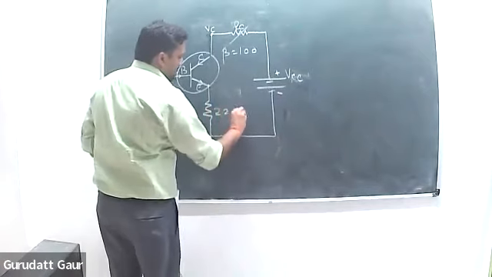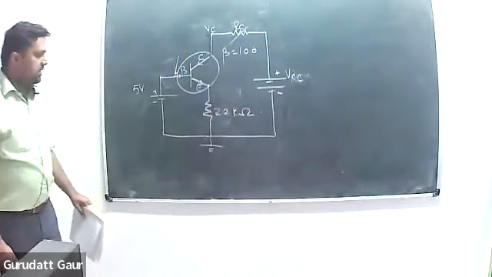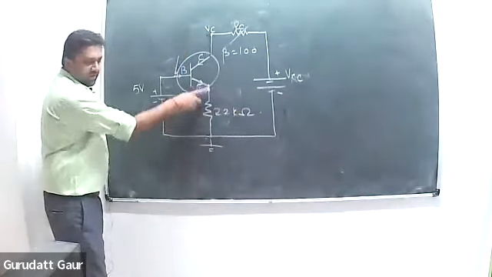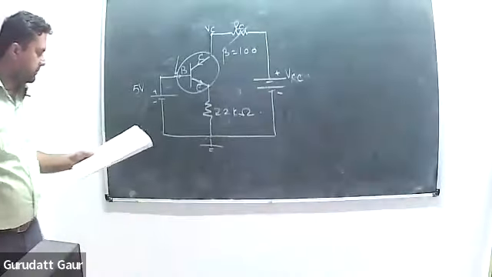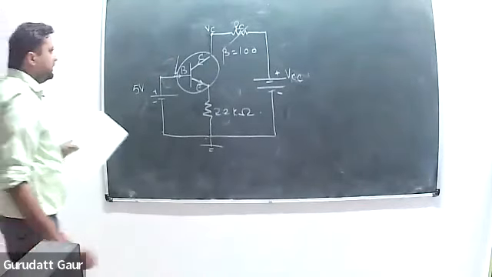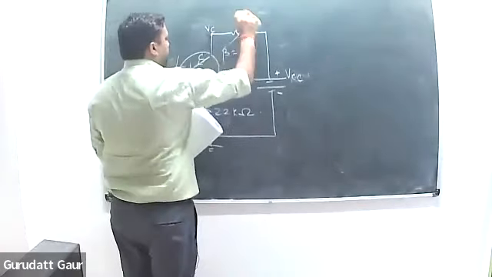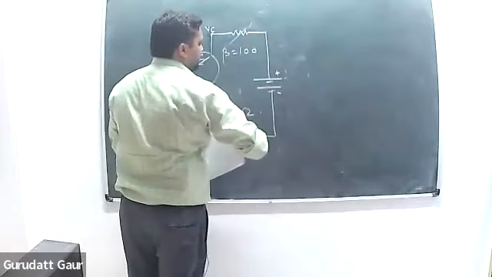But remember, now VE will not be 0, right? Can you tell me why? Because पहले ये directly grounded था. Now it will not be grounded, right? The voltage drop will be across the resistor. So this will not be 0. This is 1 kilo ohm and this is 15 volt.